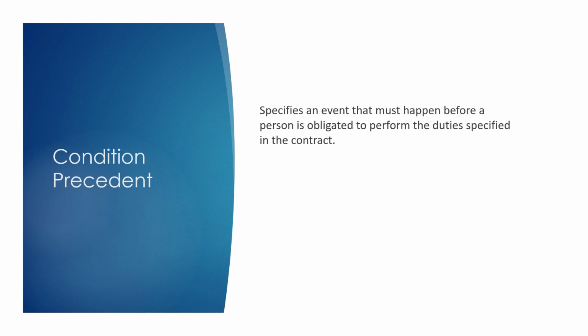Then we have condition precedent in contracts. What that means is something has to happen before I'm obligated to perform at all. So a specific thing has to happen, other than just you performing as well. That means things like so long as there's an inspection that clears the property, or so long as I can get the license to do this, or so long as I can get the financing.